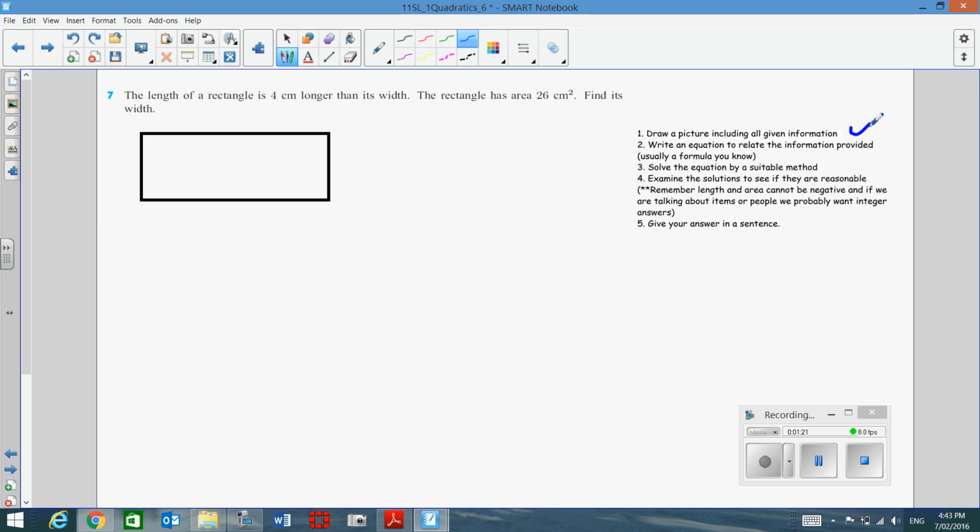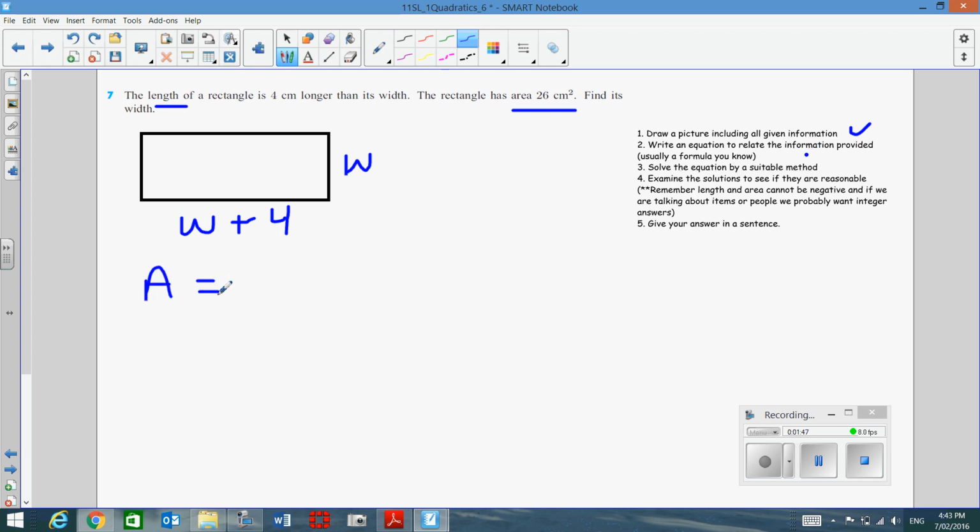I can choose any letter, but it says the length is 4 centimeters longer than the width. So I don't know how wide this rectangle is, but I know that the length is 4 centimeters longer. So I'm going to go ahead and label what I've been told in the problem. Since we're talking about area, I know the equation I'm going to use is going to be the area of a rectangle.